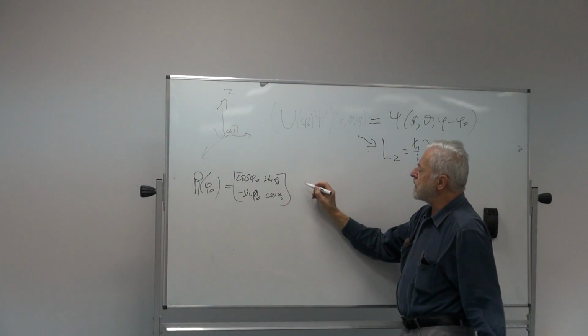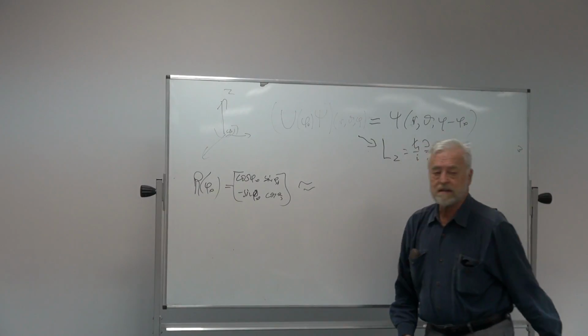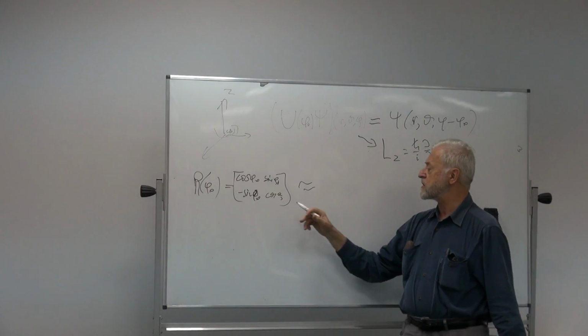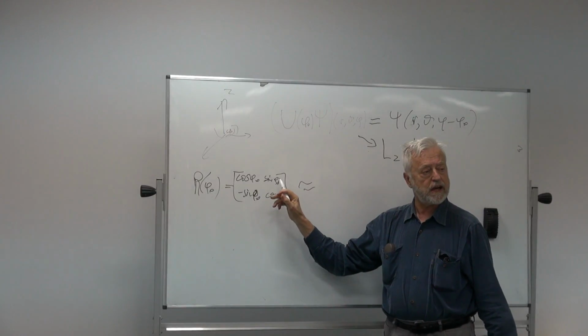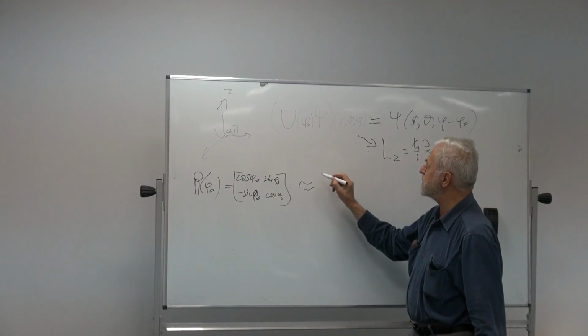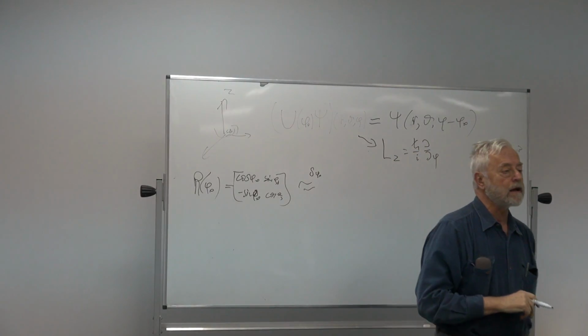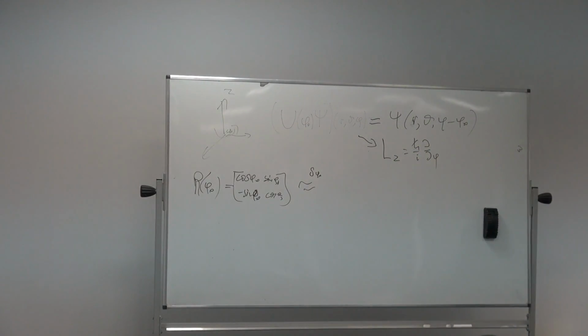This is fine, but it is sufficient for us to write the infinitesimal version of this operator, in linear approximation in this rotation angle, and let me call this small angle delta phi naught.